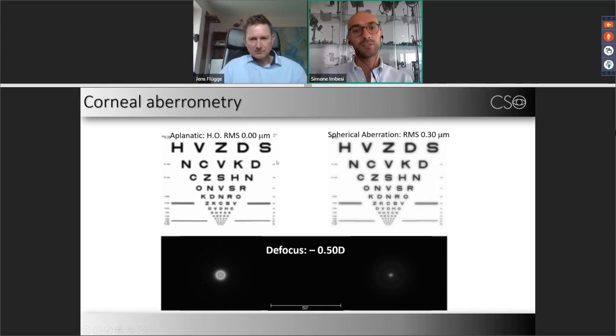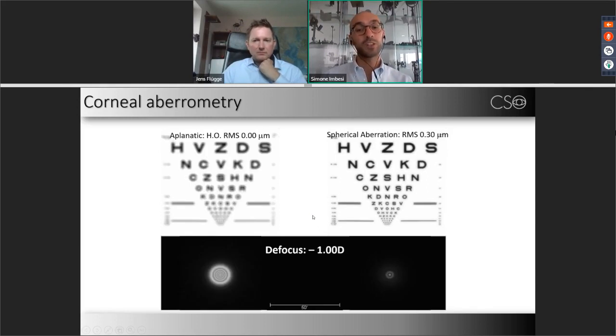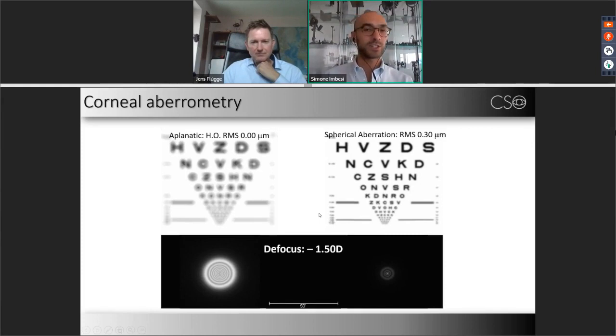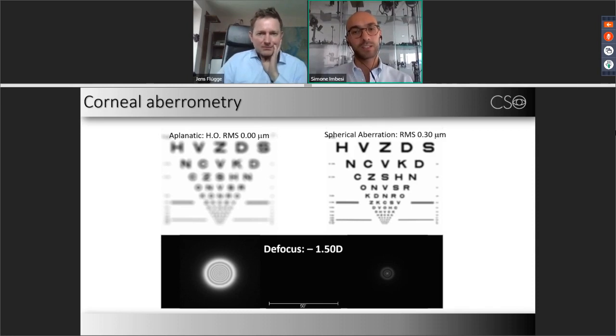As you can see, for the smaller letters, the eye with spherical aberration has a better resolution with respect to the other, and this can be noted even if I increase the power of the negative lens. So this is a quick explanation of what I've just said, that the spherical aberration can give our system an extended depth of focus.